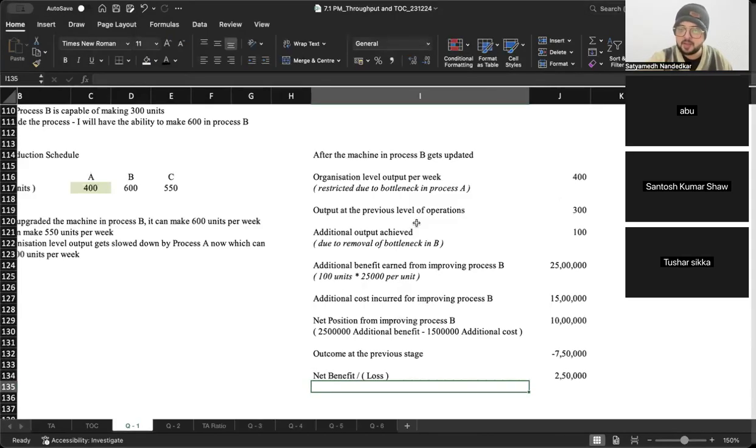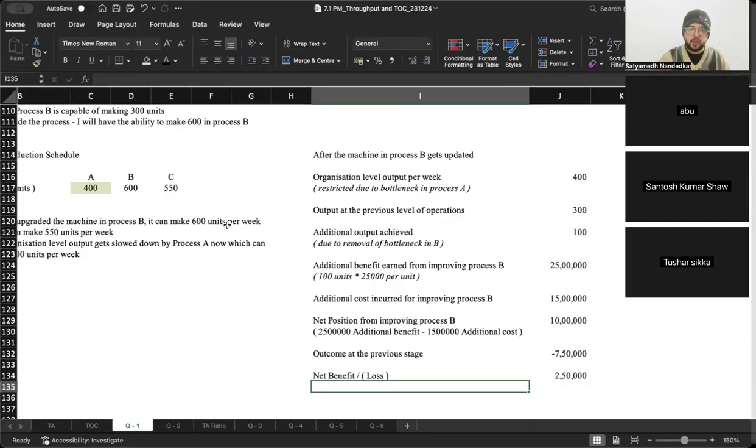Have a look at this once. But still, if you observe, process A is slowing everything down.